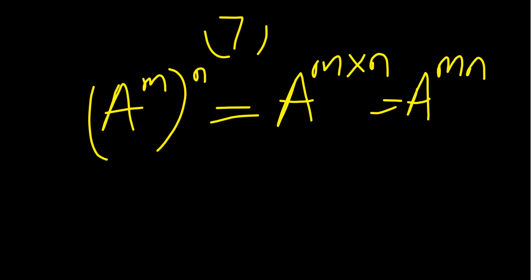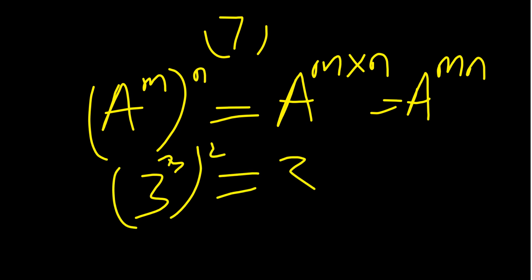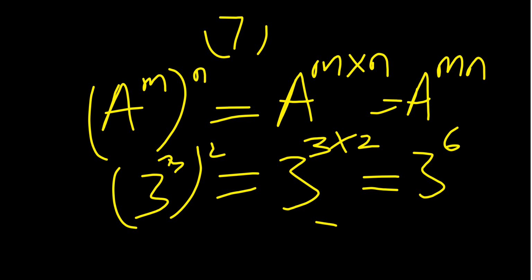Maybe you were given 3 raised to power 3 raised to power 2. This is equal to 3 raised to power 3 multiplied by 2, which is equal to 3 raised to power 6, which is equal to 729.